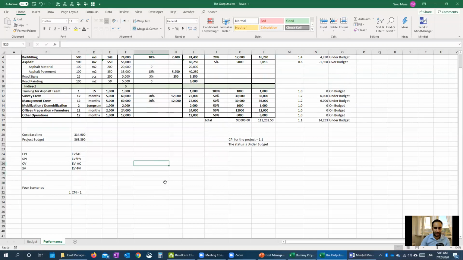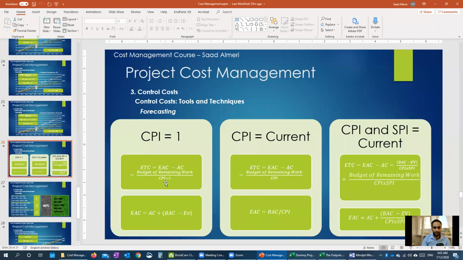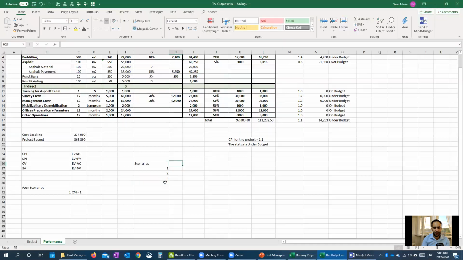So let's call this table scenarios. We have 1, 2, 3. And in the first one, we need to calculate the CPI. The CPI in the first one is 1.